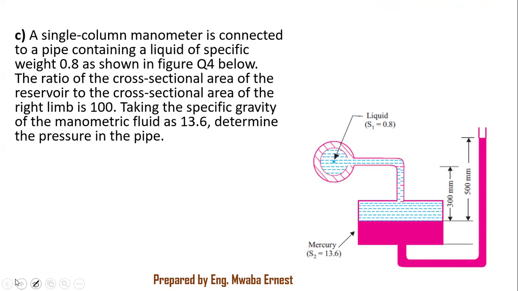Question number C, the other one was B, says we have a single column manometer connected to a pipe containing a liquid of specific weight 0.8, as shown in figure Q4 below. The ratio of the cross-section area of the reservoir to the cross-section area of the right limb is 100.